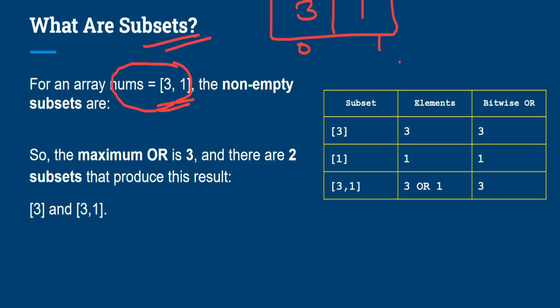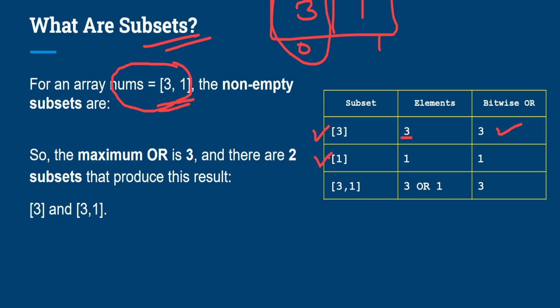So what are the possible subsets we will create? Very first we'll take only one element from the array, and that will be nothing but 3, correct. Then subset 3 contains one element, that is 3. If we take only one element, there are no other elements to OR with, so we'll get 3.